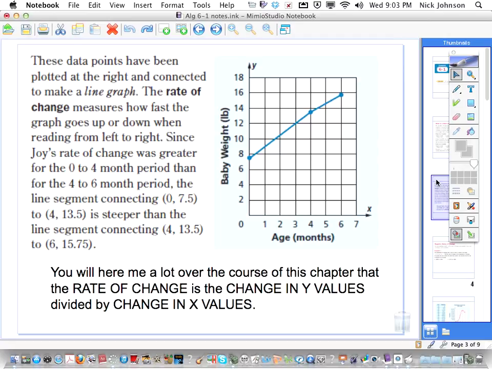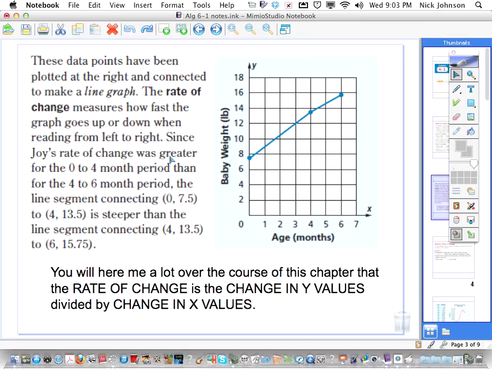Looking at data and trying to determine which rate of change is greater or less, we can look at this graph of the baby weight and the age. Age is the X value, body weight is the Y value. These data points have been plotted at the right and connected to make a line graph. The rate of change measures how fast the graph goes up or down when reading from left to right.